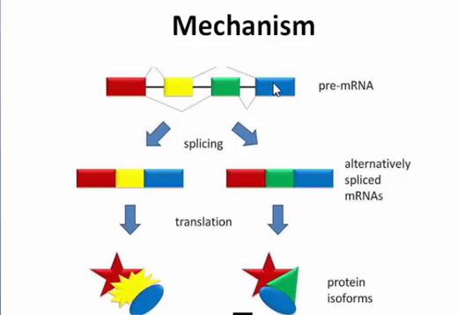Suppose that is the mRNA. Normally we get a protein from this, but if we consider some differences among the exon region of this mRNA, we will get a different protein. So the key point is that we will get different types of protein from an mRNA. That is called alternative splicing.